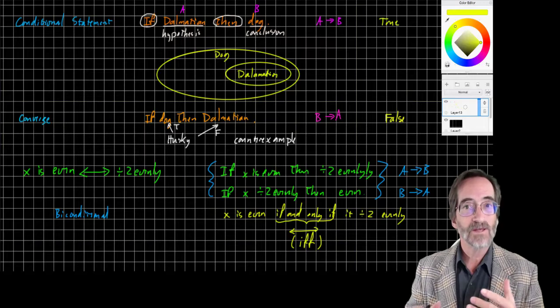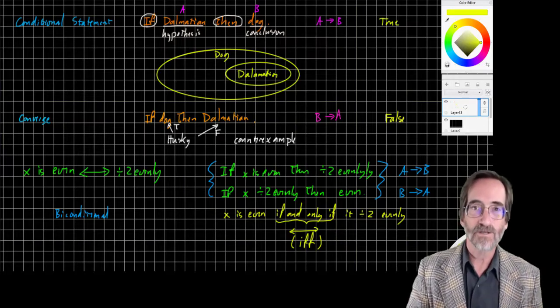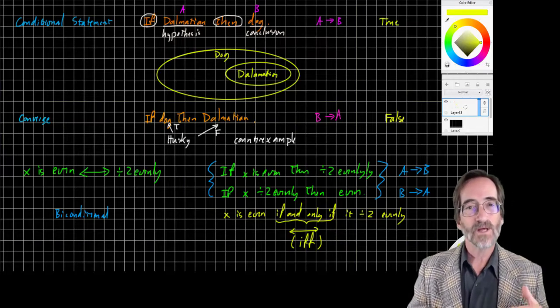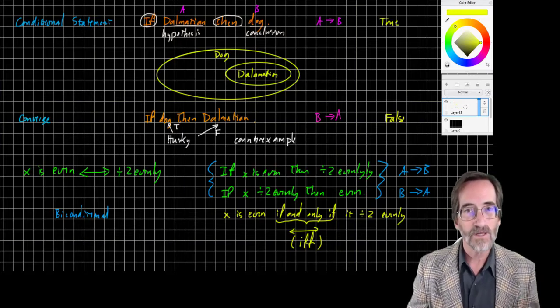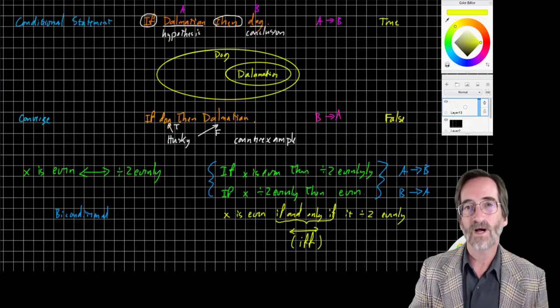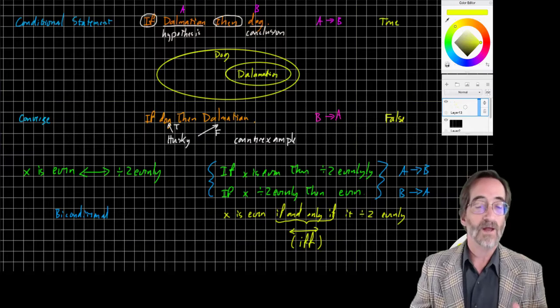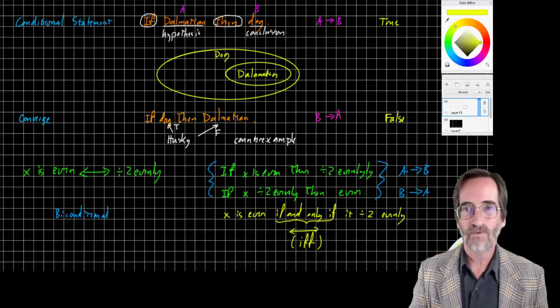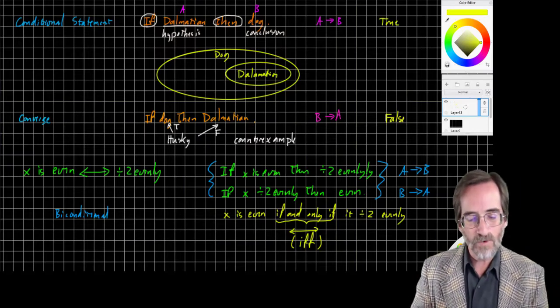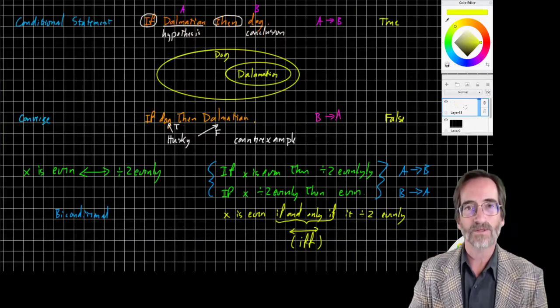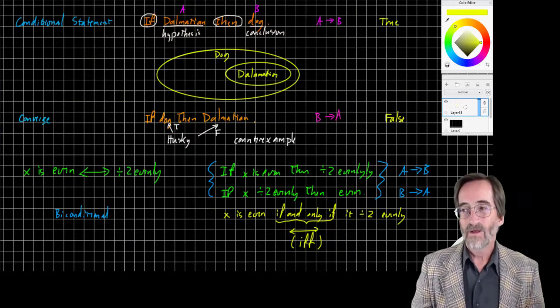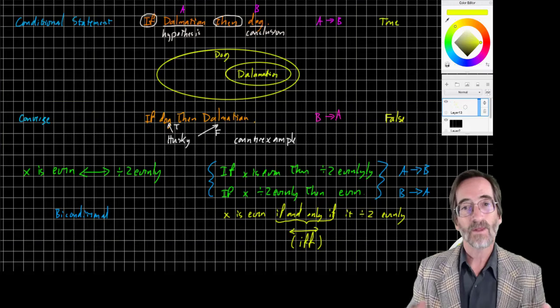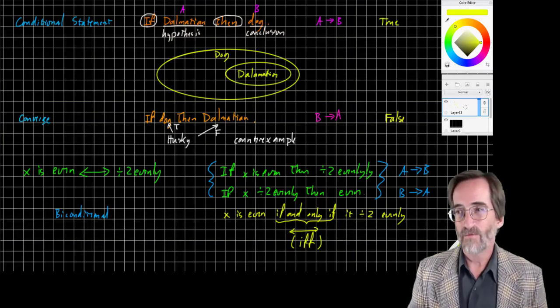If a shape has 4 sides and 4 right angles, then it is a square. So we would say the definition of square is a shape with 4 sides, 4 congruent sides, and 4 right angles. Forgot that. Okay. All right. So that is our definition, and that definition works both forward and backwards.